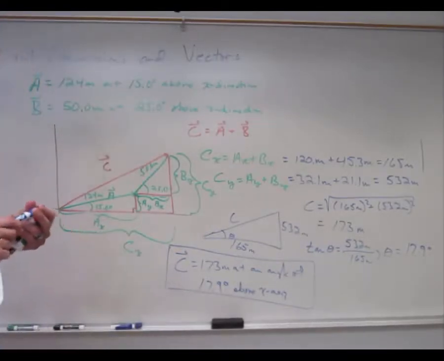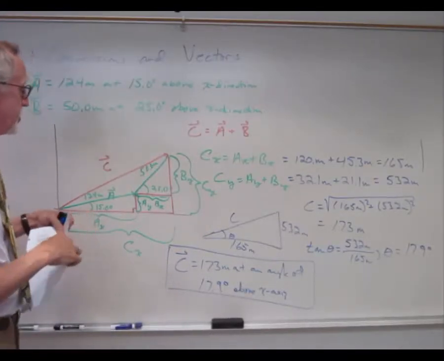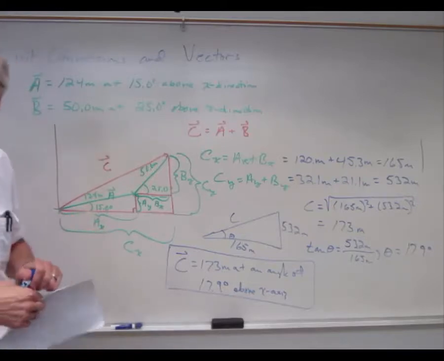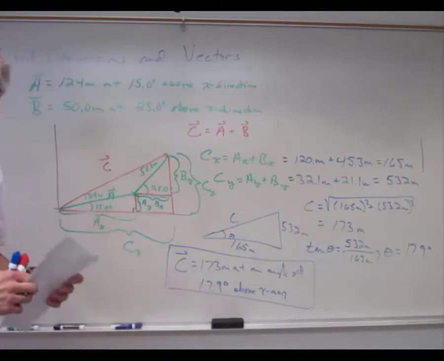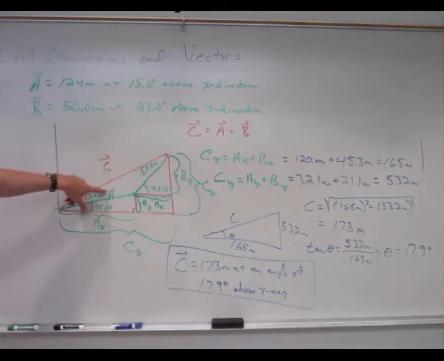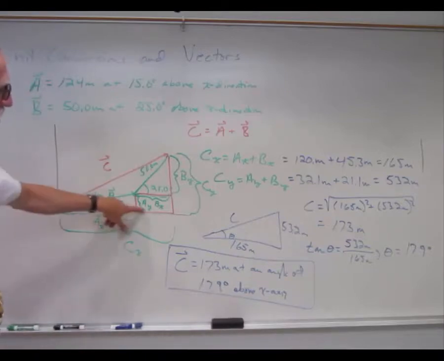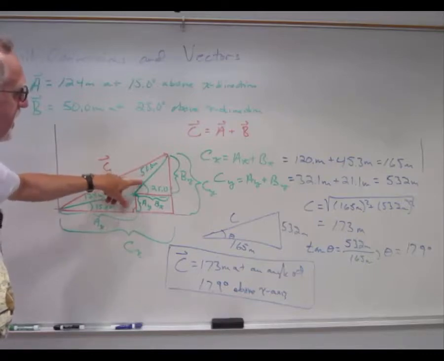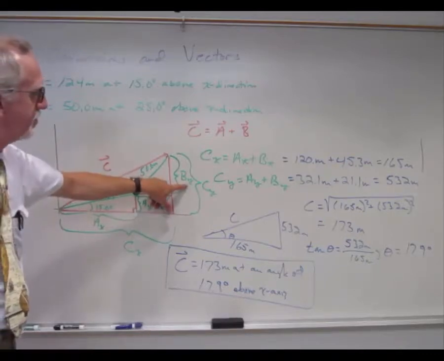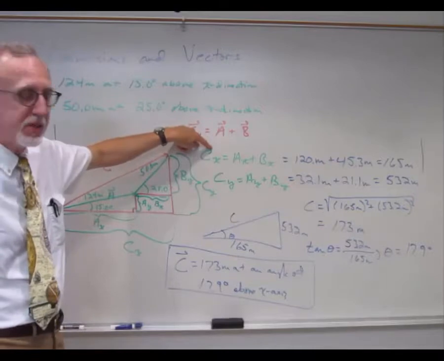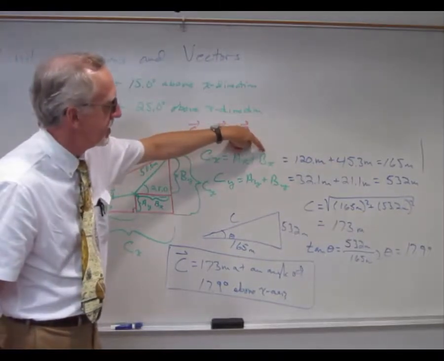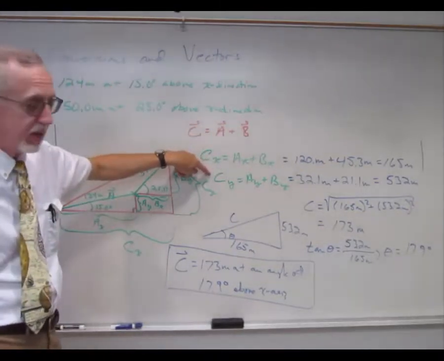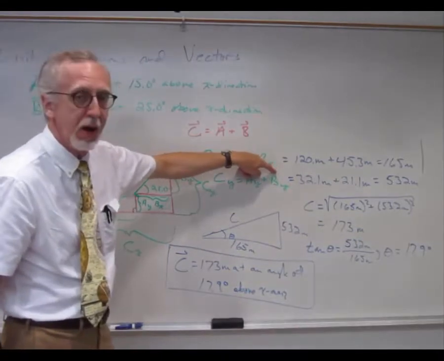So let's keep in mind, how did we combine the two vectors, A and B, even when they aren't perpendicular to each other? Well, we find the components of A, Ax and Ay. We find the components of B, Bx and By. The x component of C will be Ax plus Bx. The y component of C will be Ay plus By.